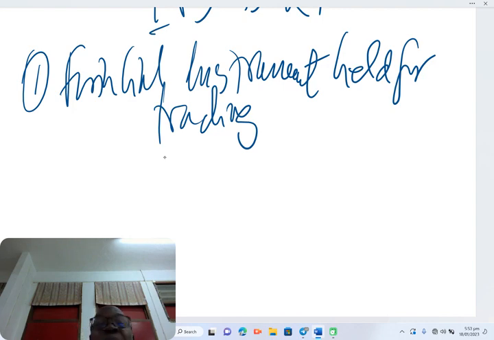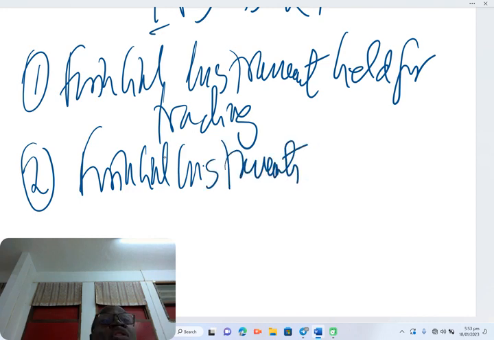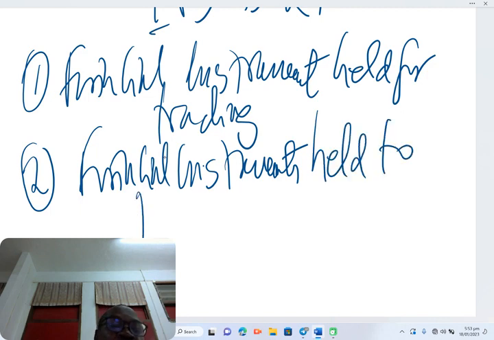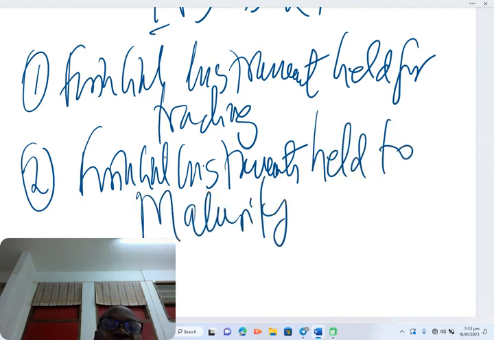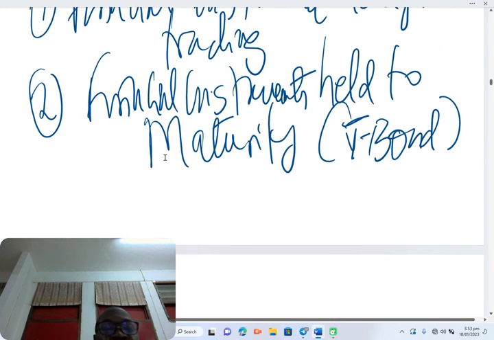Trading. These will include shares bought for trading. Number 2, we have financial instrument held to where? Maturity. So this one will include the treasury bonds. Any bond which is bought and held to maturity in IPSAS 29.